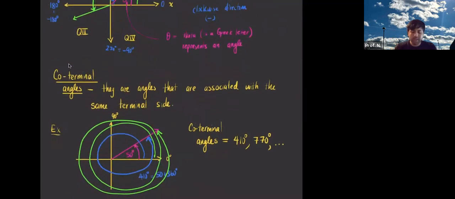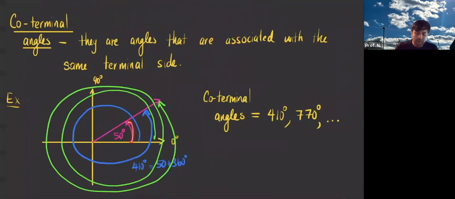So this would indicate that if I go in this positive direction, I get some positive angle. And if I add 360 to that angle, I'll get the same angle associated with the terminal side. But if I want to go in the opposite direction, then I would have to subtract 360. So what does that give me when I get 50 minus 360?